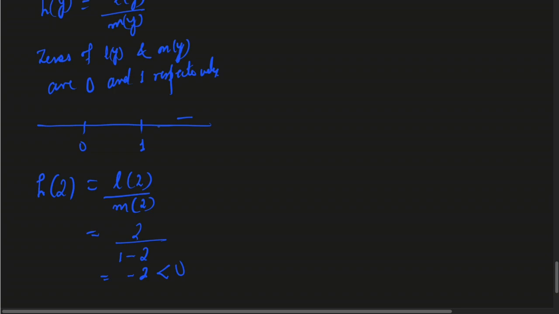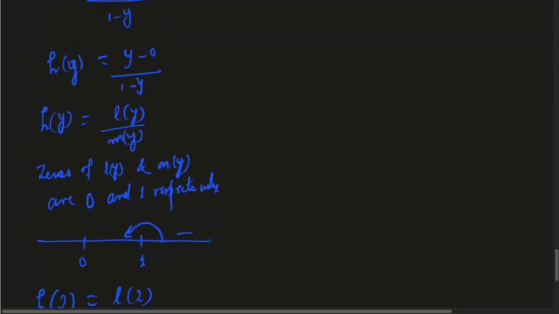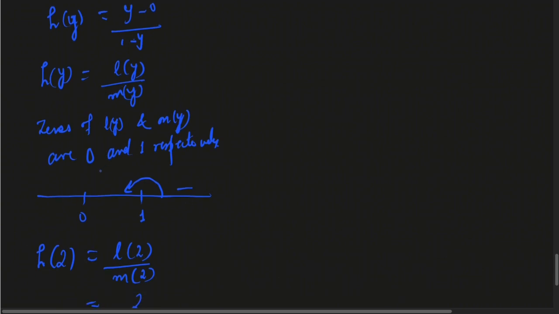Now when we cross 1, the term 1 minus y will be in the picture, and 1 minus y has a power of 1, that is an odd number, and when the power is an odd number the sign will change from negative to positive here.